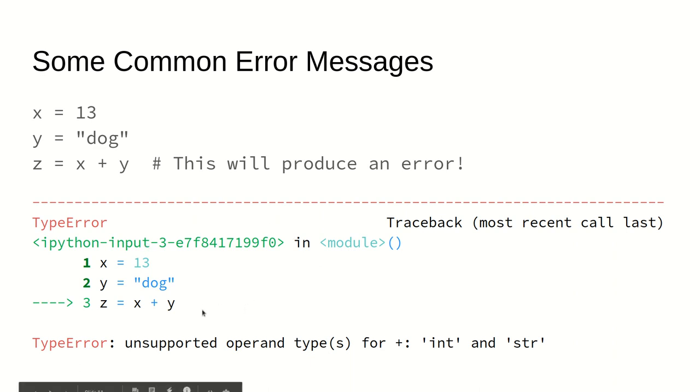So operands means the things that were given to an operator. Plus is the operator, a mathematical operator here, and they're unsupported. Python can't support this. I haven't defined how those two things are going to be added, and it would be a little difficult to define it in a general enough way that it would make sense all of the time.